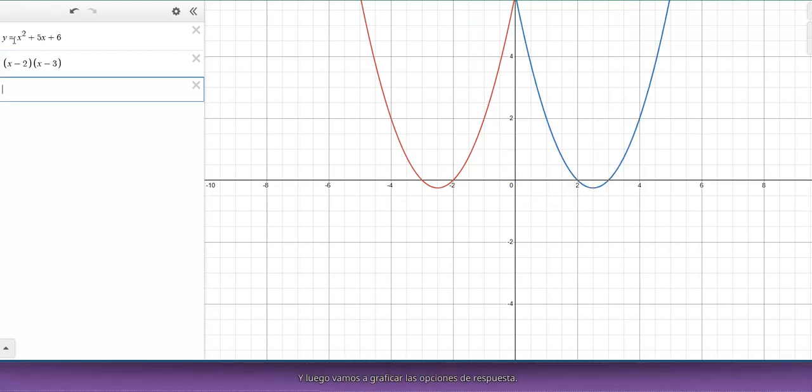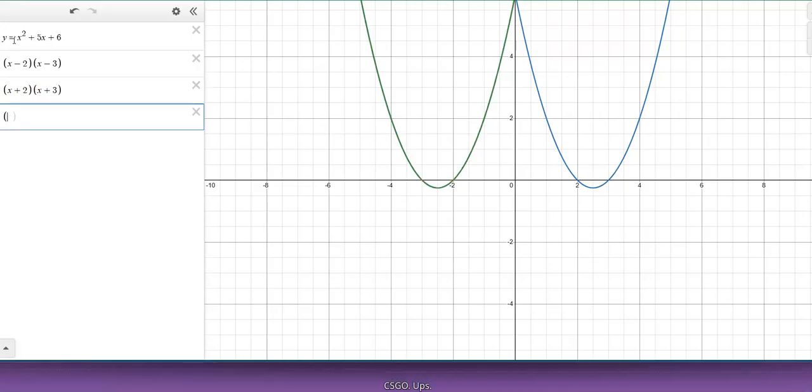Okay. We have our blue one. We had x plus 2, oops, x plus 3. And then we had x plus 1 times x plus 5.